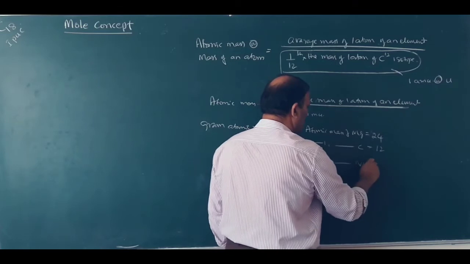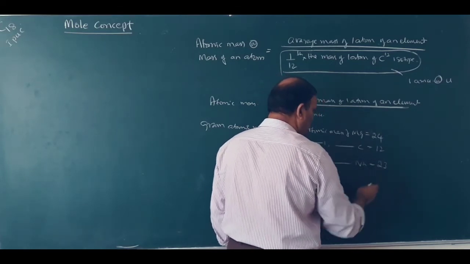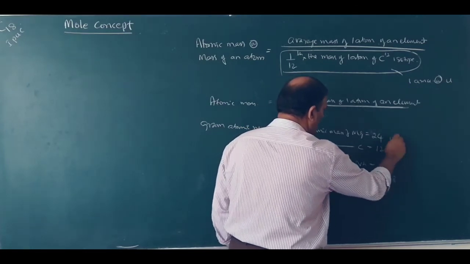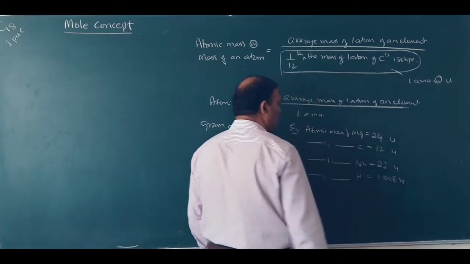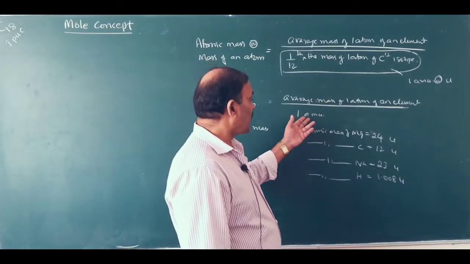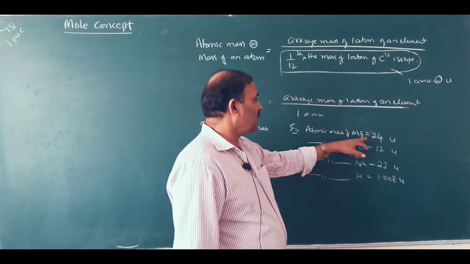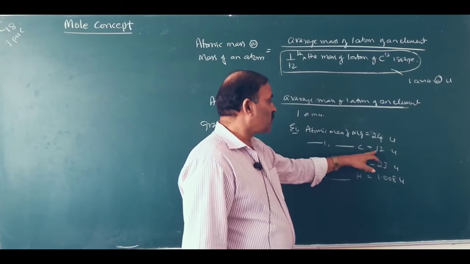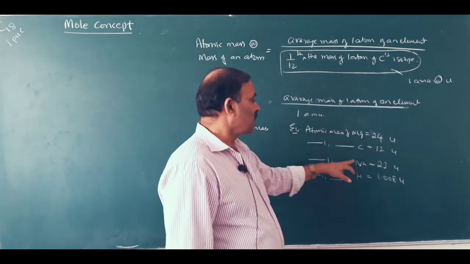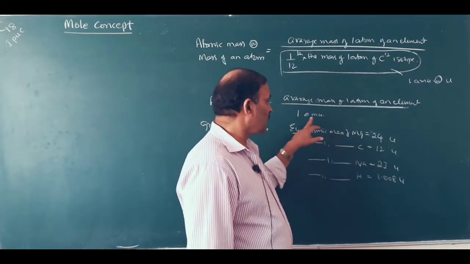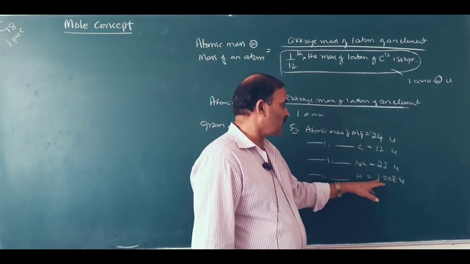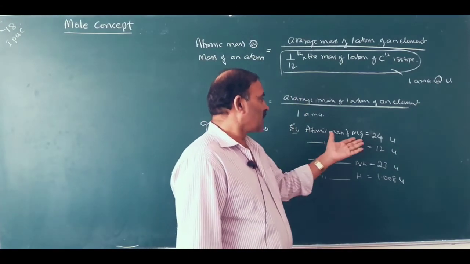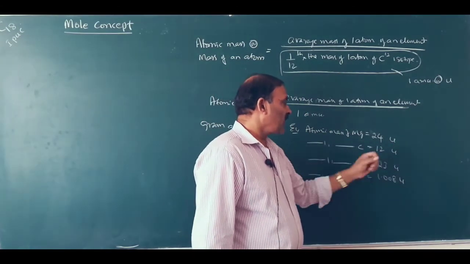Atomic mass of sodium is equal to 23. Atomic mass of hydrogen is equal to 1.008 U. So, when compared to one atomic mass unit, one atom of magnesium is 24 times heavier. A carbon atom is 12 times heavier. A sodium atom is 23 times heavier. Similarly, hydrogen is 1.008 times heavier than one atomic mass unit. So, atomic mass unit has been replaced by U.